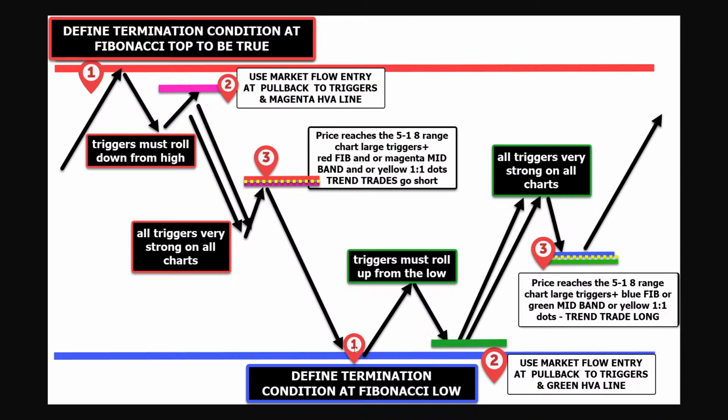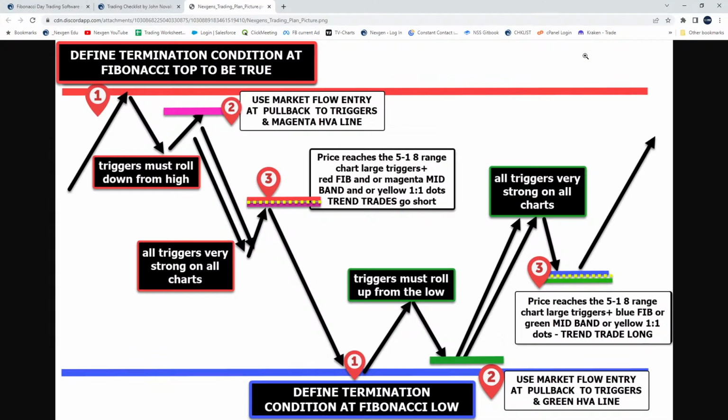There's a lot of money to be made on trend trades. But the better you get at defining tops and bottoms, and the more comfortable you get with tops and bottoms, the more assertive you're going to be. And if you can make that extra $200, $300, $400 before the trend trade, then it really, really helps out the bottom line.